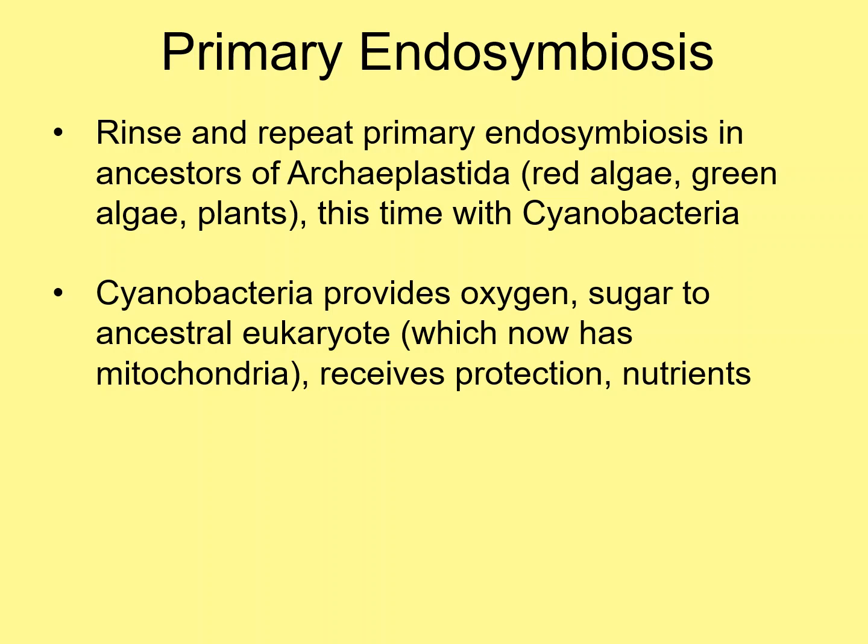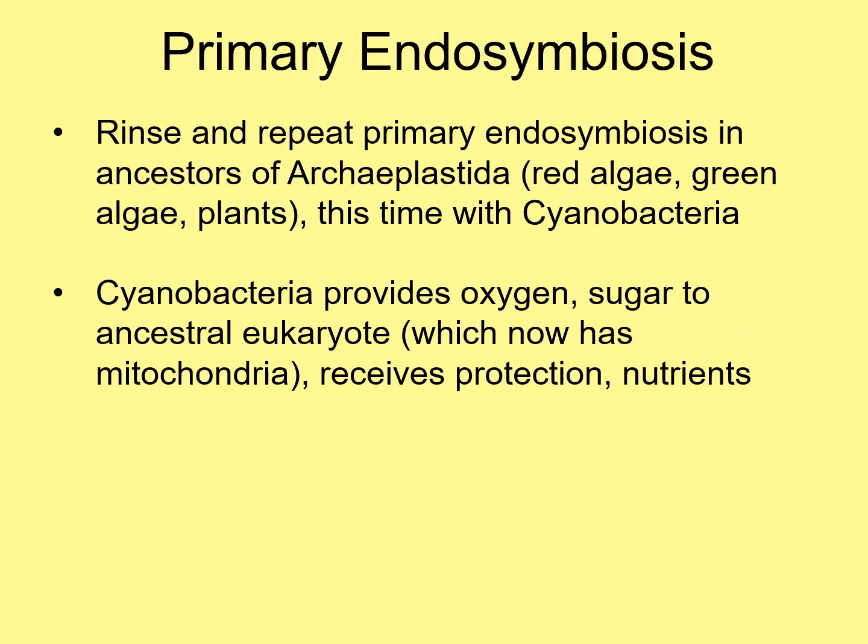Well, guess what? You don't have to worry about that because you have mitochondria that can use the oxygen to break down the sugar. You have a cyanobacteria, which again we are very confident is the source of the chloroplast.